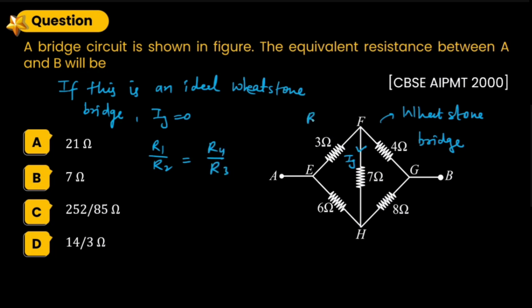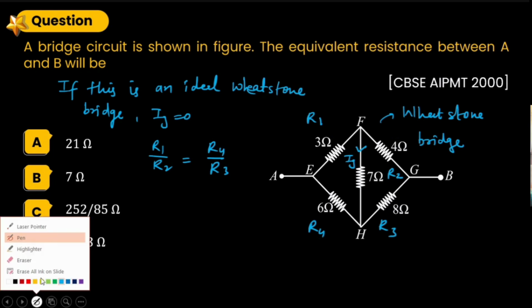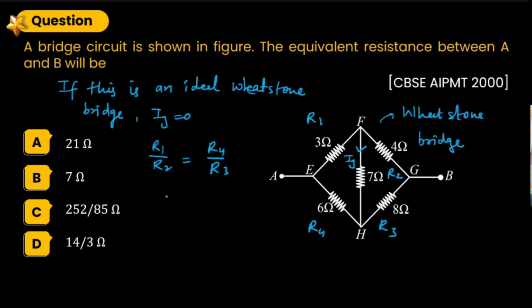So here it is supposed to be R1, R2, R3, R4. Are their ratios equal? Check and tell me. Yes, we can say 3 by 4 is always 6 by 8. Hence, R1 by R2 is equal to R4 by R3.